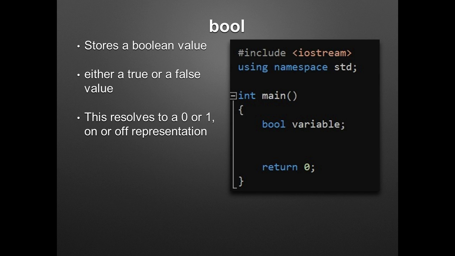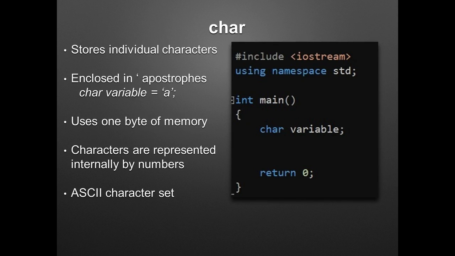What this allows us to do is represent conditional things in our code. We'll use this a lot in the future. We can ask questions. We can ask if things are true or false, and then react depending on the answer. So this is a very, very important data type to us, and it will be used a lot in the future.